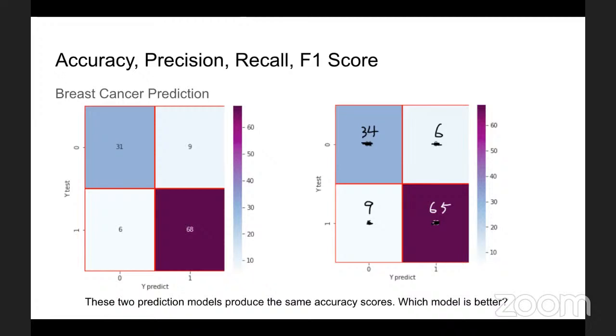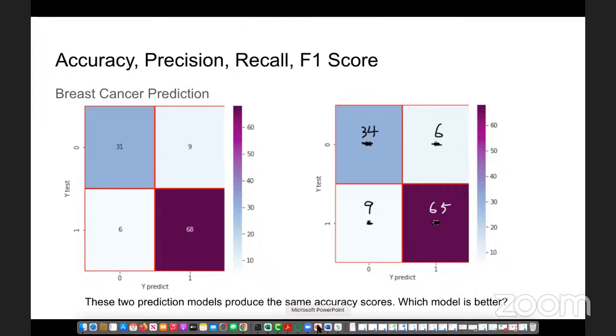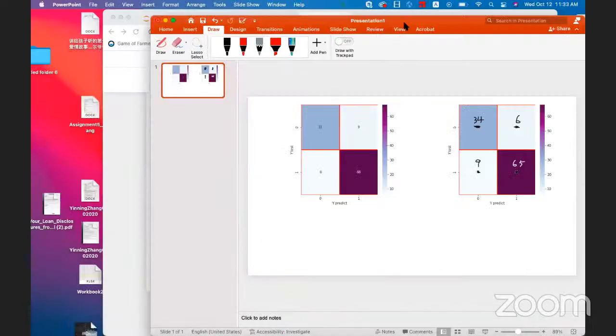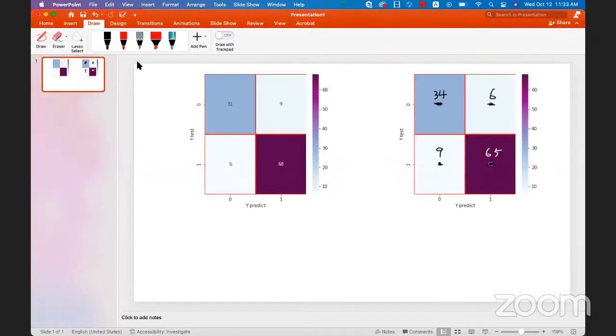Okay, and we got two results for two models. For example, this is for KNN, this is for decision tree. If we evaluate these two models based on the accuracy score, what is the accuracy score here for each model?